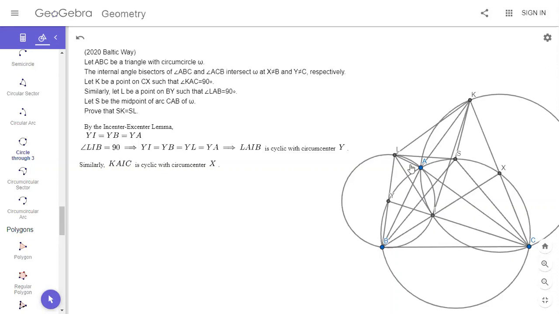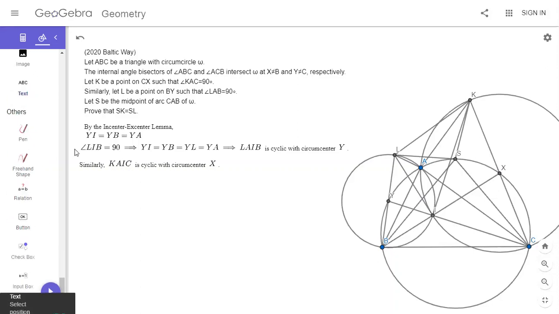Okay, so arc BY is half of arc AB, and arc SX is arc SC minus arc XC. So yeah, I'm going to write it out like this.